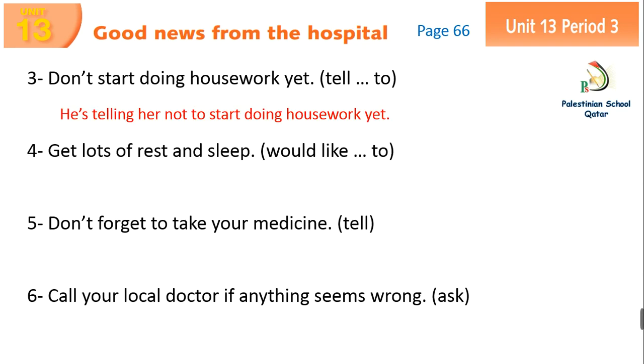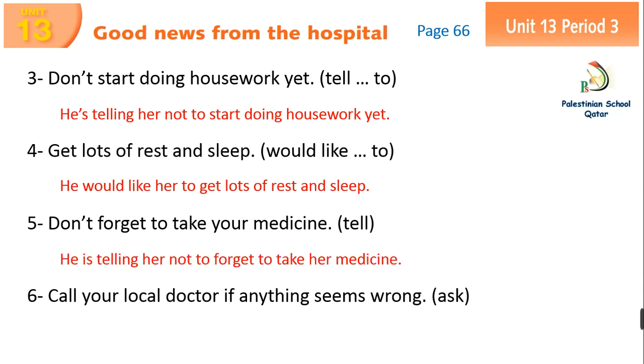Number four, get lots of rest and sleep. He would like her to get lots of rest and sleep. Number five, don't forget to take your medicine. So he is telling her not to forget to take her medicine.